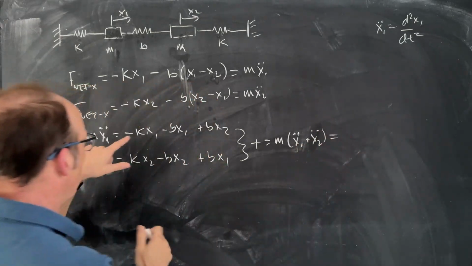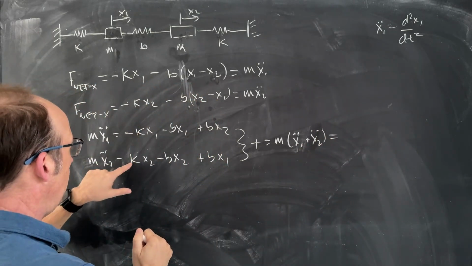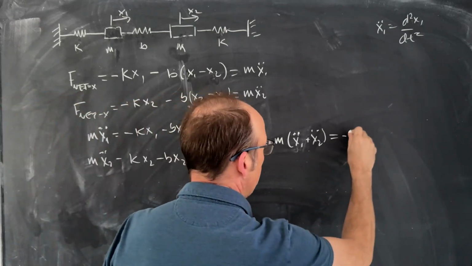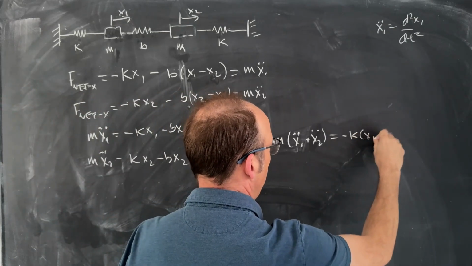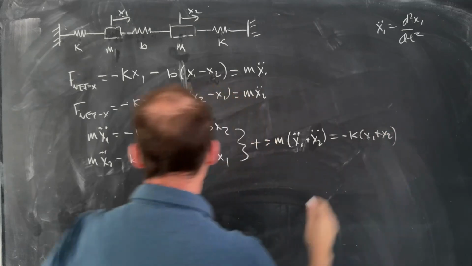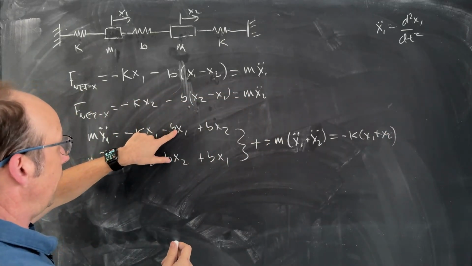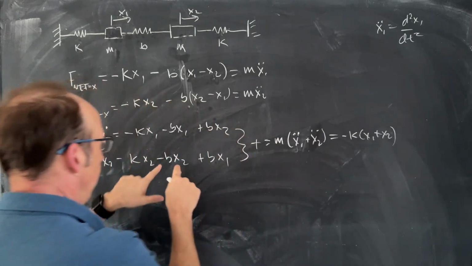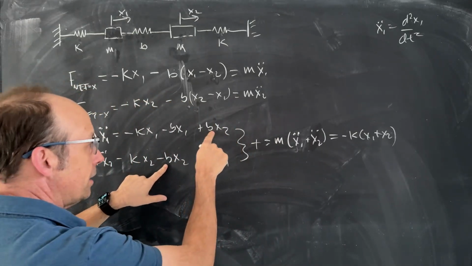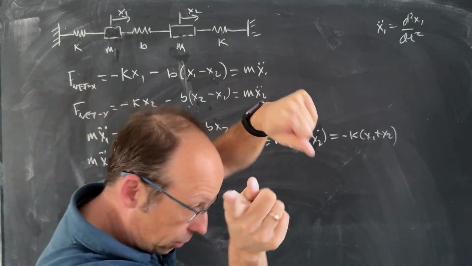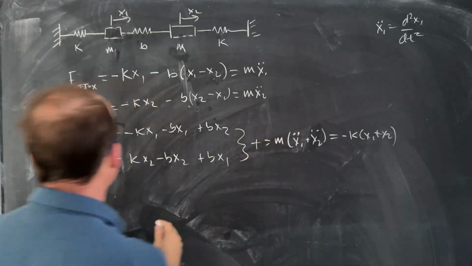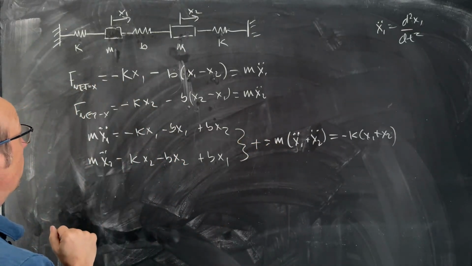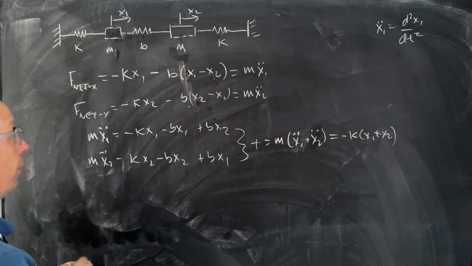And then over here, I have minus k x1 plus x2. And then I have minus b x1 plus b x1, which cancel, and minus b x2 plus b x2, which cancel. OK, so that's my equation. I'm going to need that later. Let's put that over there.